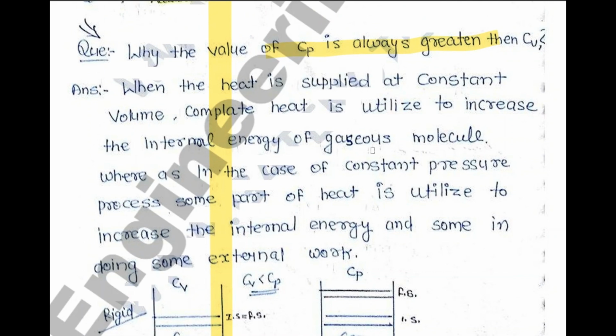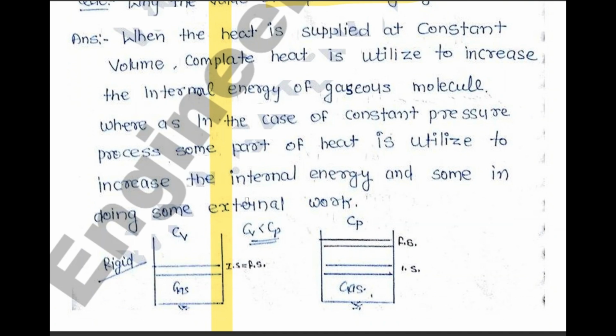But in case the process is at constant pressure, some part of the heat will be utilized to do some external work, and the rest will go to increase the internal energy, right? So this addition of work means that the heat is more than the internal energy change, because the work is added to the internal energy.